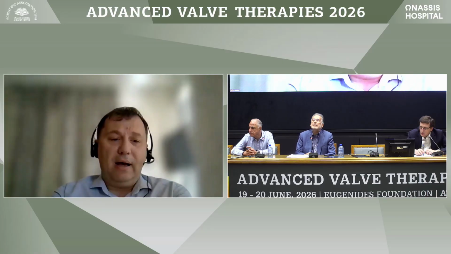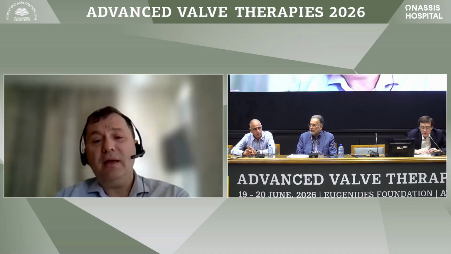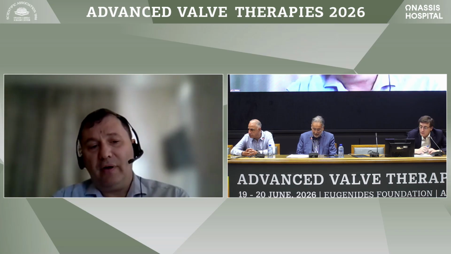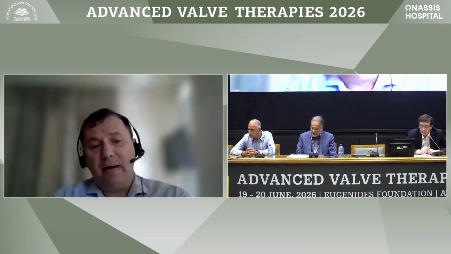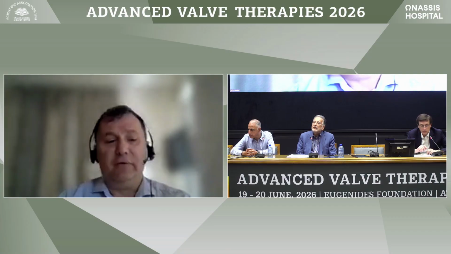I mean, the presence of heart failure symptoms, the NYHA class of the patient. The second one, for me, is the red flag. And of course, the presence of renal failure, to proceed with the intervention.